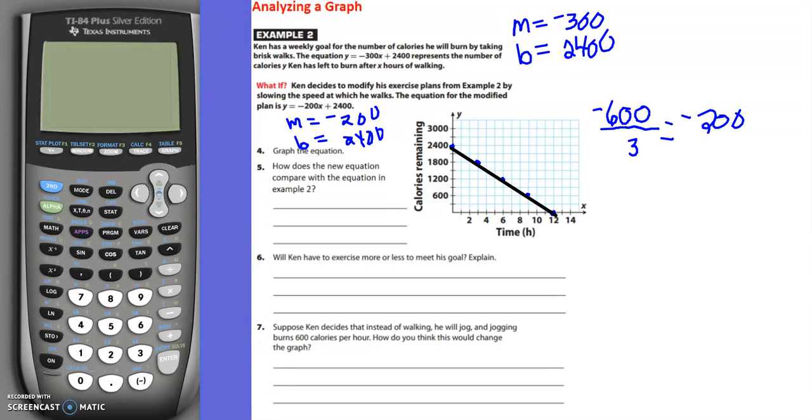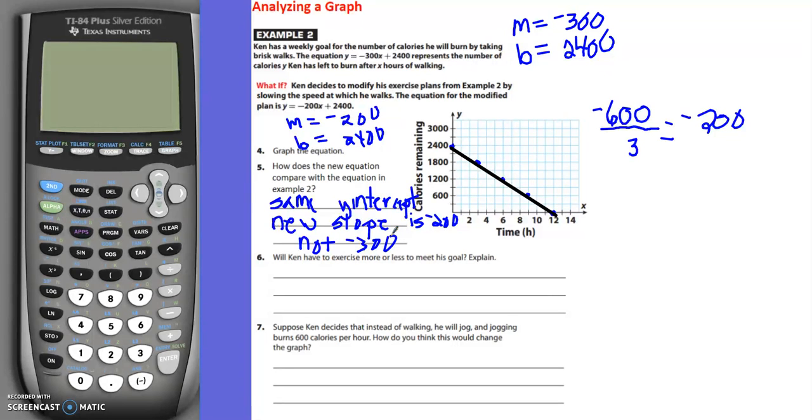How does the new equation compare with the equation in example 2? They have the same y-intercept. New slope is negative 200, not negative 300. Will Ken have to exercise more or less to meet his goal?